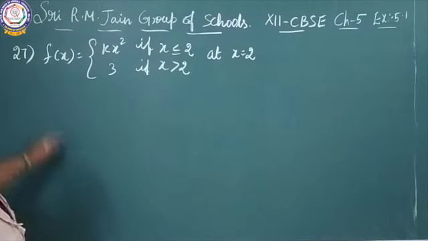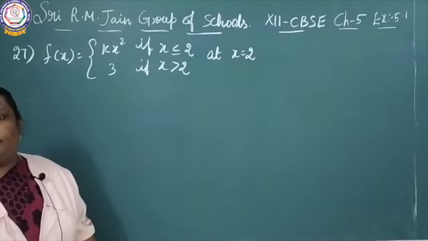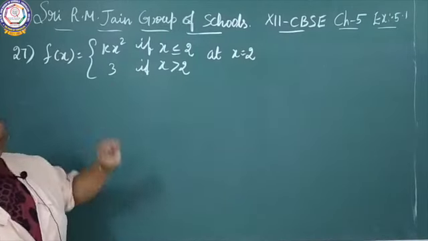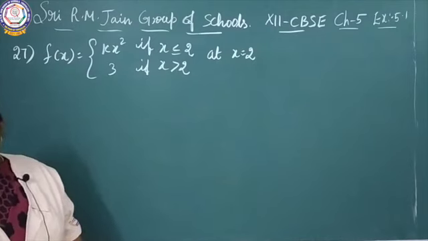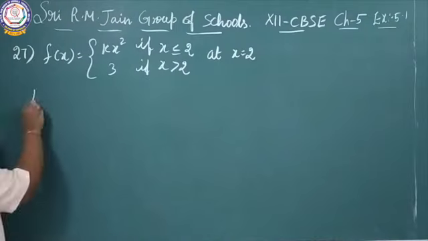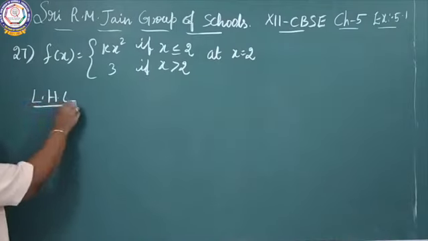Now the 27th sum: f of x equals k x square if x is less than or equal to 2, at x equal to 2. We can see the left hand limit first. What is the left hand limit?